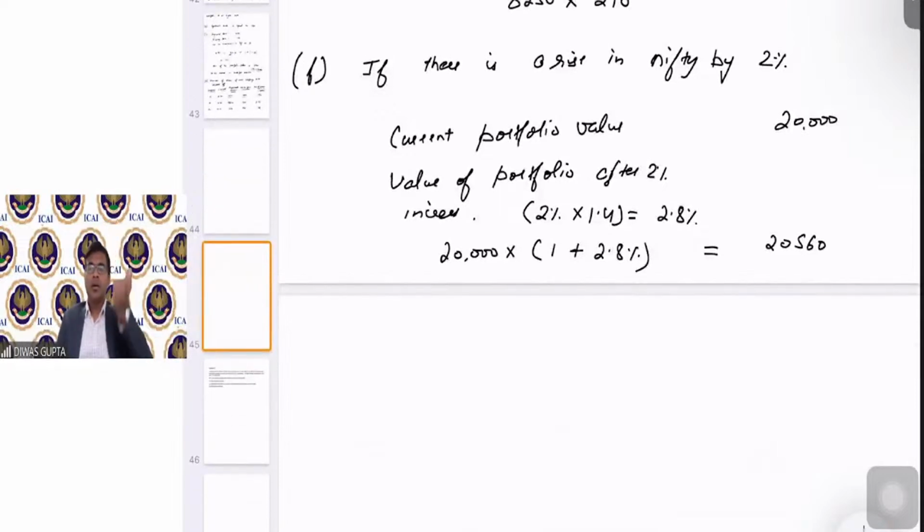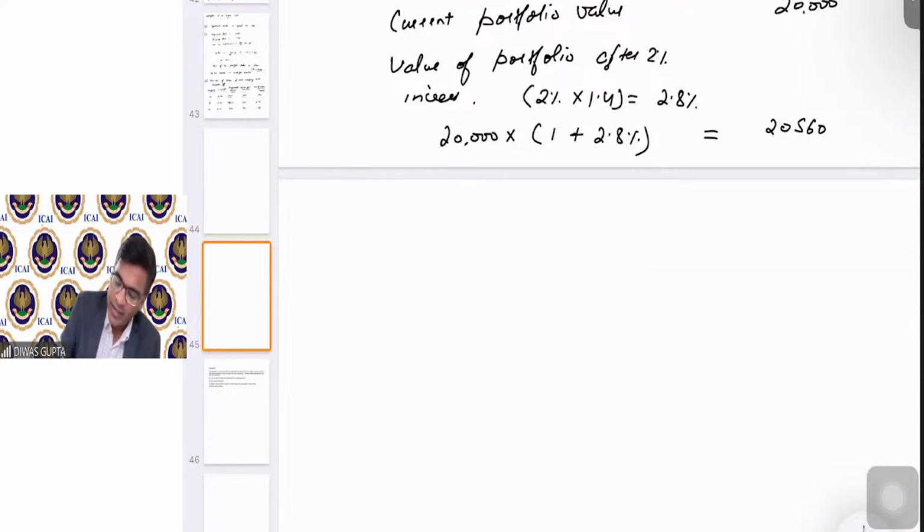Since the Nifty has risen and we have short sold the Nifty futures, we will incur a loss on Nifty futures because we have sold it at a price of 8250. Now the price has become 8250 plus 2%. So we are at a loss.